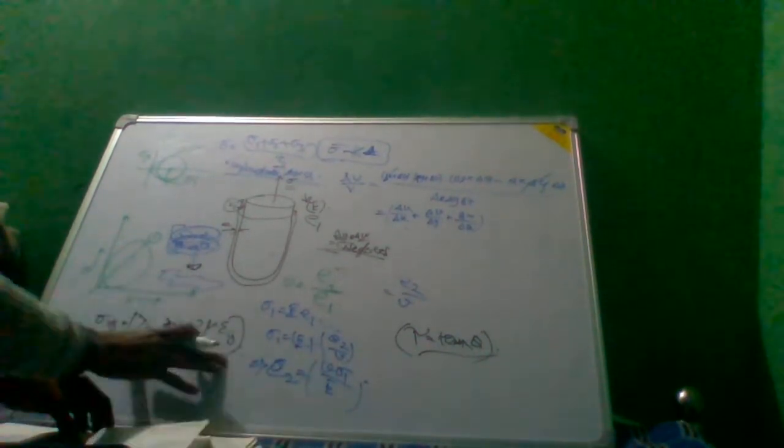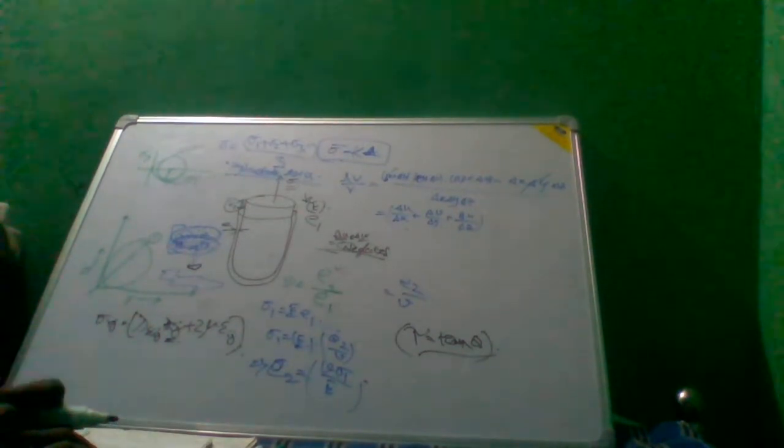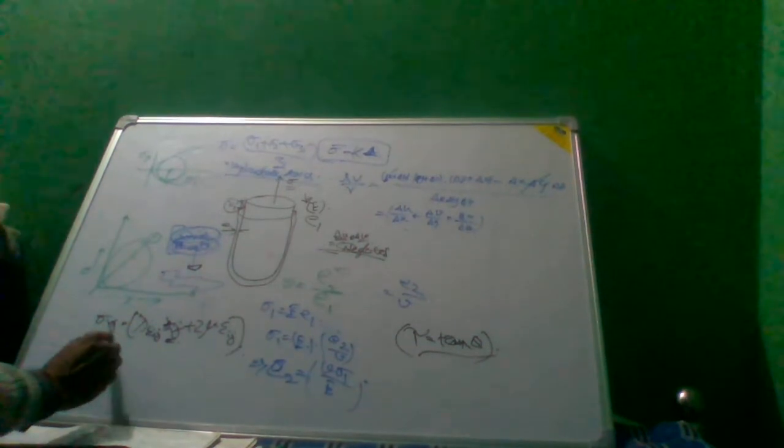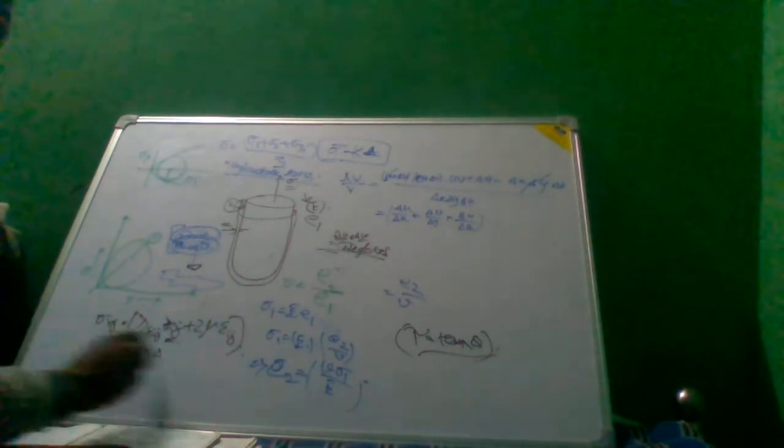If you take these Lame's parameters in this situation, sigma xx is equal to lambda of del plus 2 mu E11, or Exx.